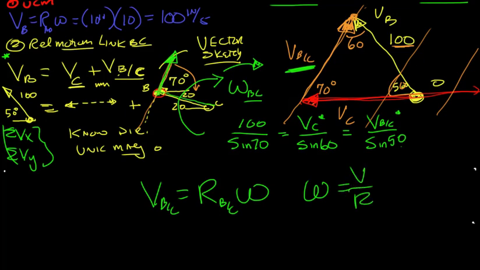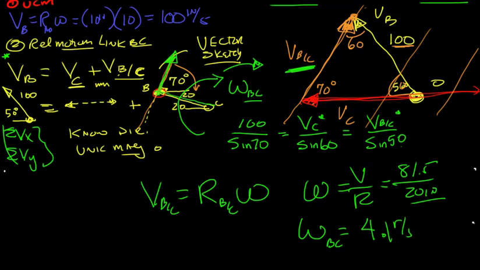So omega is equal to V over R, which will be 81.5 over 20 inches. So we find the omega of BC to be 4.1 radians per second, and it'll be clockwise.